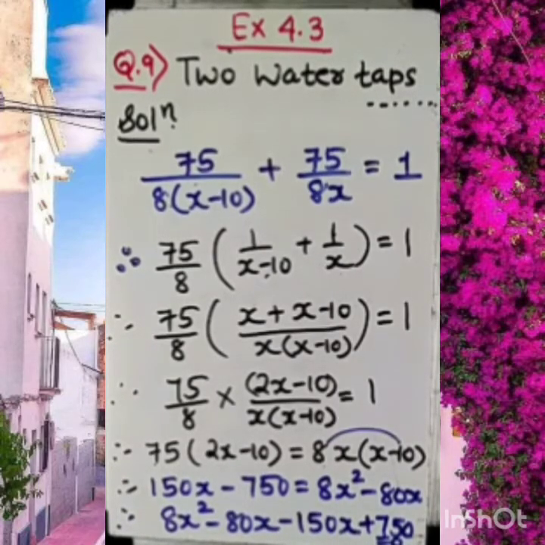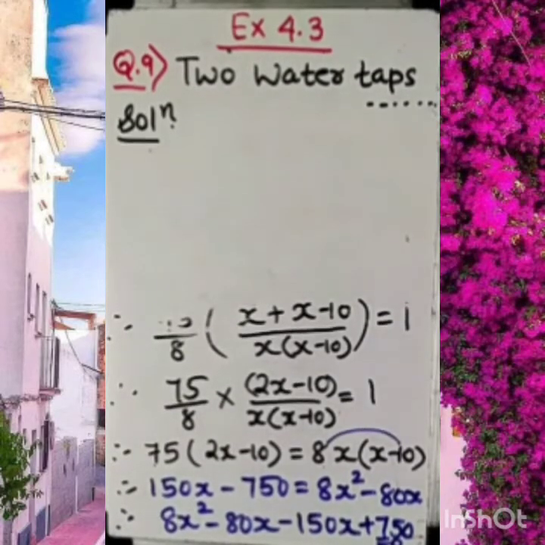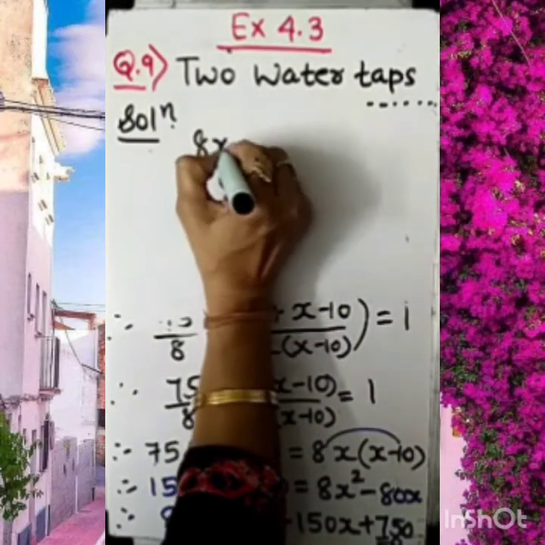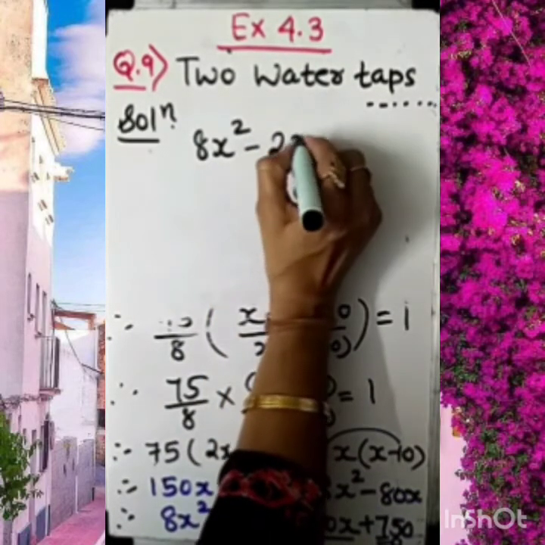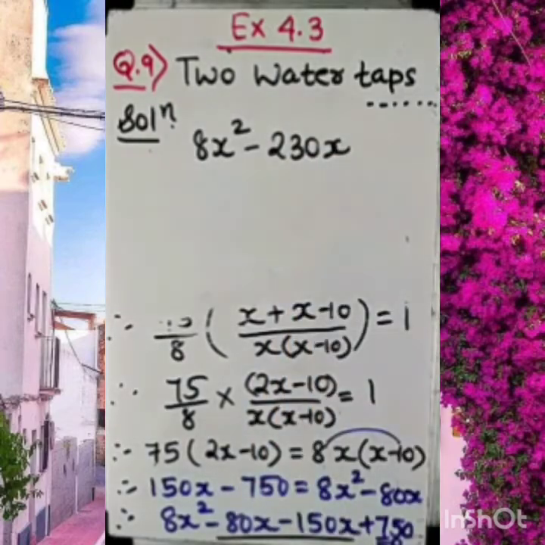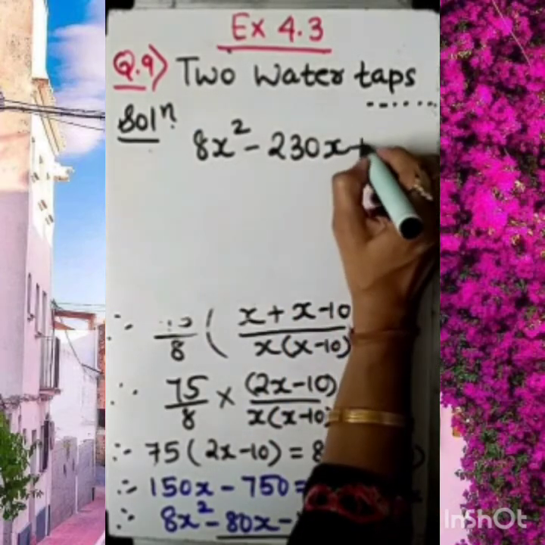Now we know minus 150 minus 80 gives the result minus 230. So our equation will become 8x square minus 230x plus 750 equal to 0.